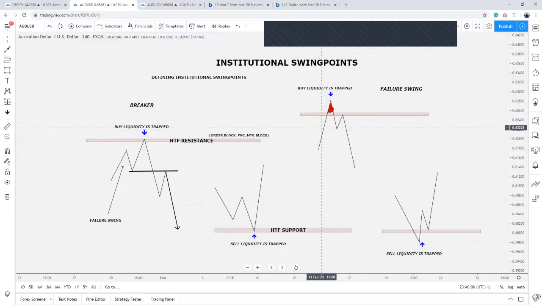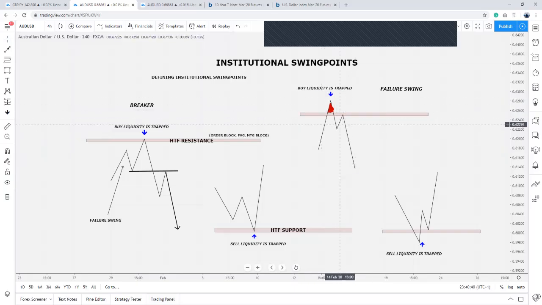So if the central banks are looking to make a turning point from an institutional standpoint, if they're looking to make a sell side turning point, they're going to look for a liquidity pool to reprice the market lower from that level. So this, guys, is a very, very deep concept. This is basically the anatomy of the market. For price to be repriced to the downside, there needs to be buy side liquidity being offered.